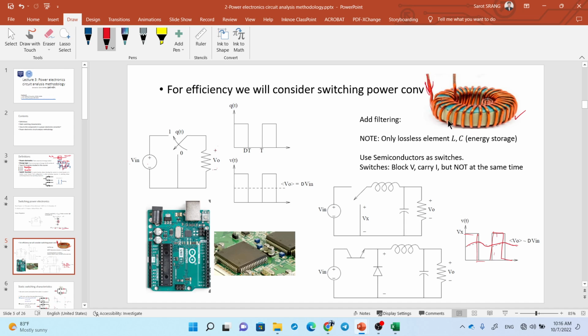So it spins faster and faster, so it can store energy, like a flywheel stores kinetic energy. You can say this one stores the kinetic energy of spinning magnetic flux. A capacitor can store potential energy in the form of charge.